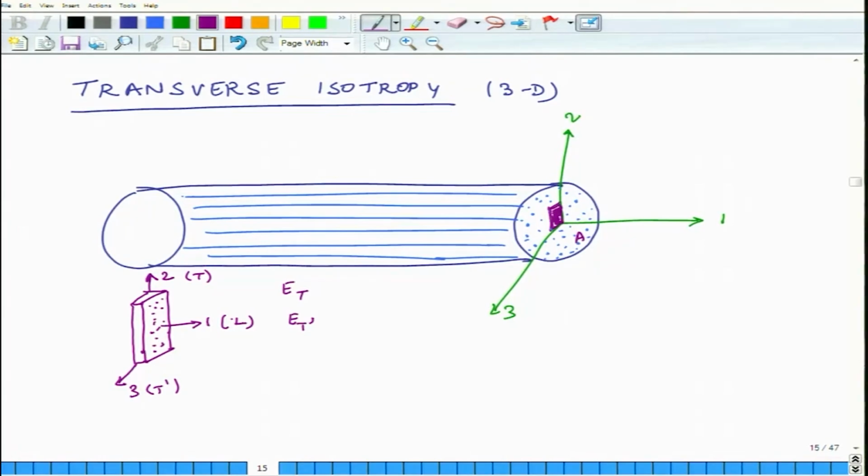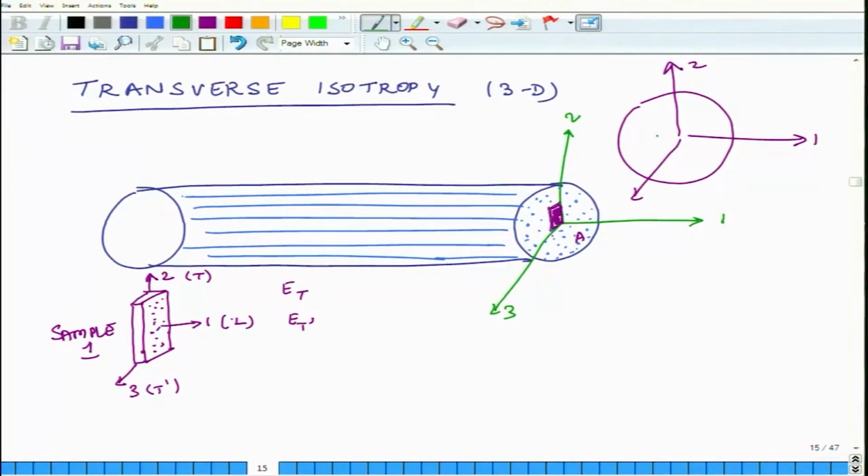Now what I do is, instead of this sample, I take another sample. So this is sample 1, and then I take another sample. Just to make the picture clear, this is 1, this is 2, this is 3, and my sample is somewhere like this.